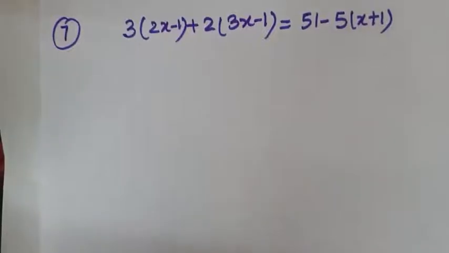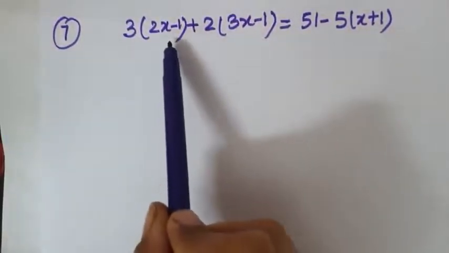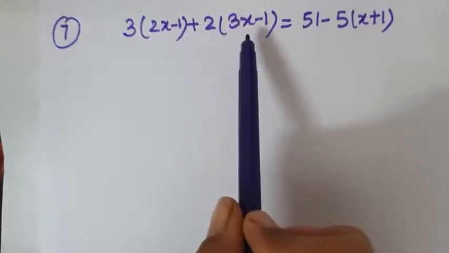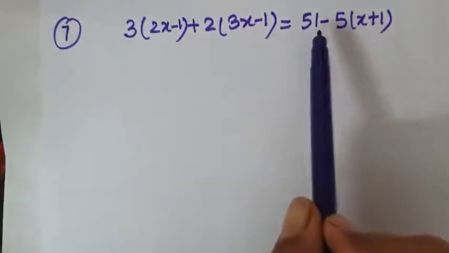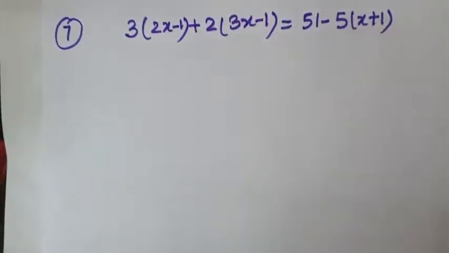The next question is 3 in the bracket 2x minus 1 plus 2 in the bracket 3x minus 1 is equal to 51 minus 5 in the bracket x plus 1.